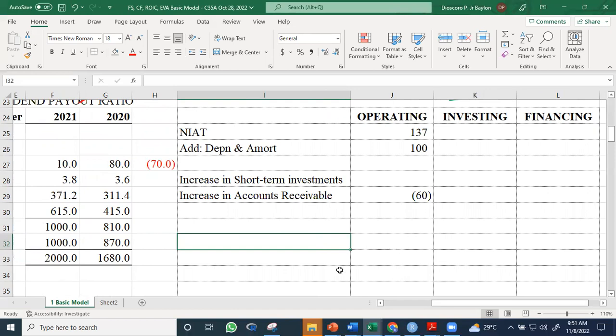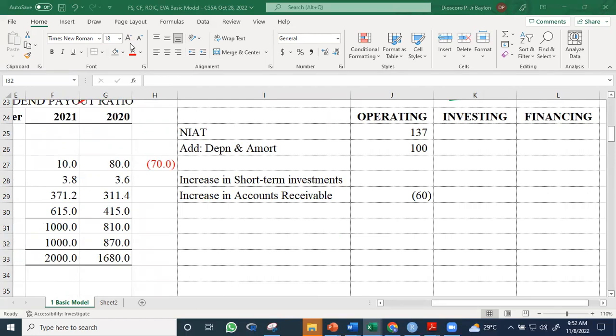So this is positive, no? Okay, clear tayo so far? Paki-chat nga please, class, if our entry for accounts receivable is okay. So it falls under operating activities and it's a source of cash, so it's positive 60.